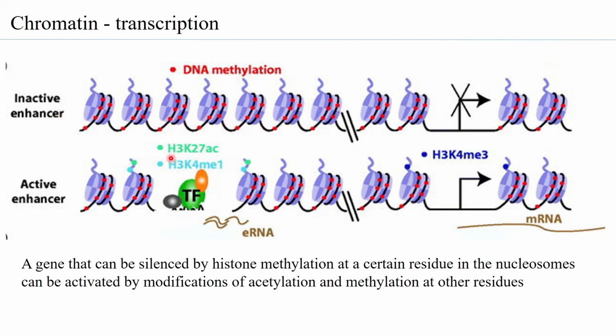But what has been observed is that those nucleosomes associated with the methylated portions of the DNA, when they are modified with acetylation or methylation, are enabled to open up the DNA at the enhancer region. So it becomes what is called open chromatin, where there is an enhancer region.